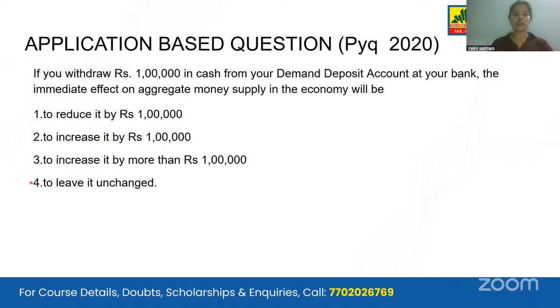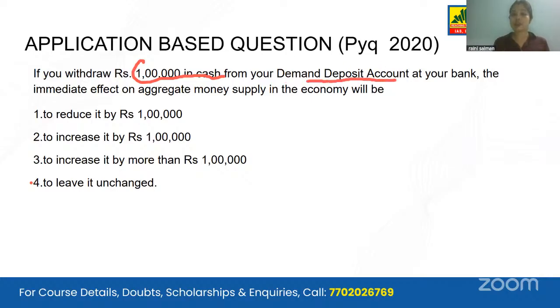The next question is a little tricky question. I remember when I was going through this question, I was also very confused when I was solving it. But this question again is related to basic knowledge of cash inflow, money supply into the market. Okay. So it's talking about if you withdraw 1 lakh cash from a demand deposit account.